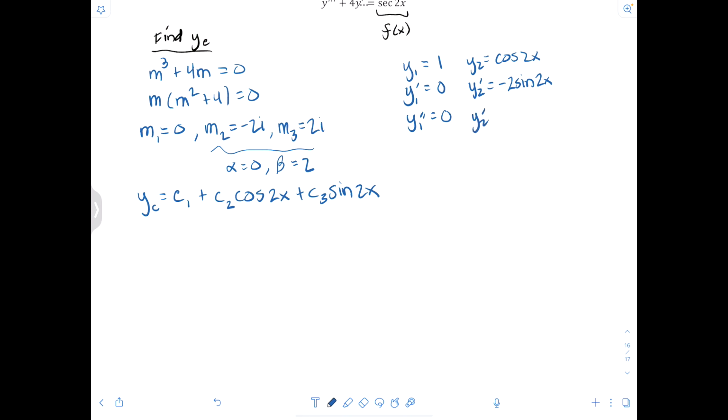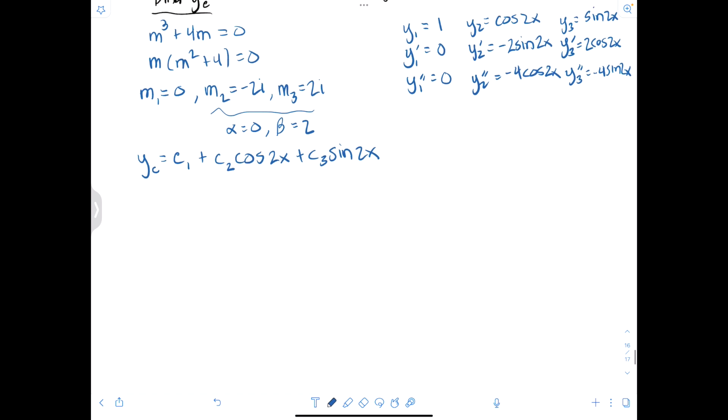And y2 double prime will be negative 4 cosine 2x. And then y3 will be sine of 2x. y3 prime is 2 cosine of 2x. And then y3 double prime will be negative 4 sine of 2x. So now, making our Wronskians.